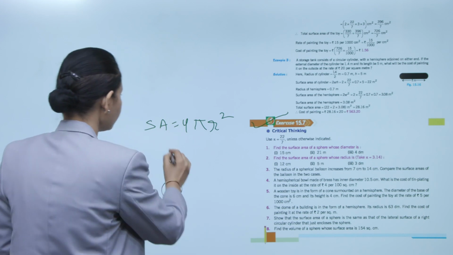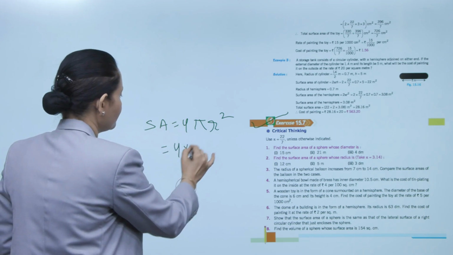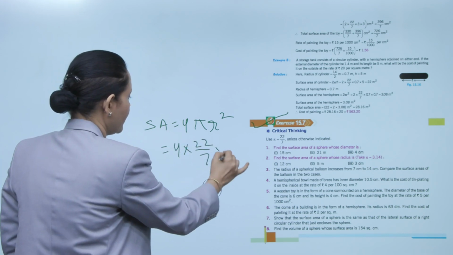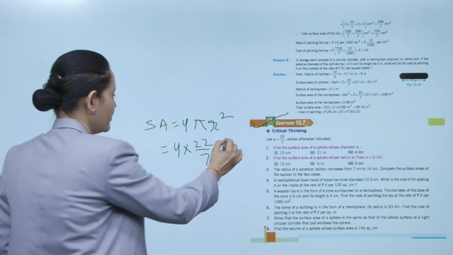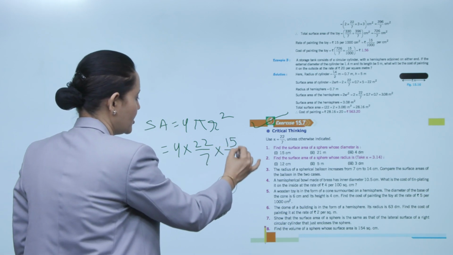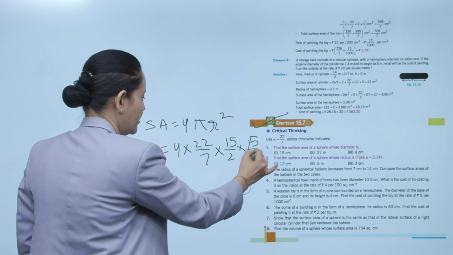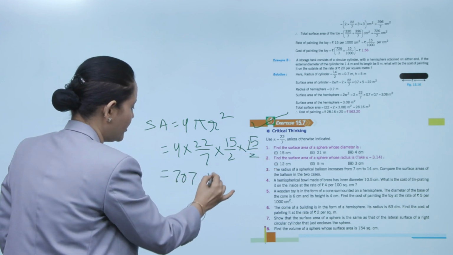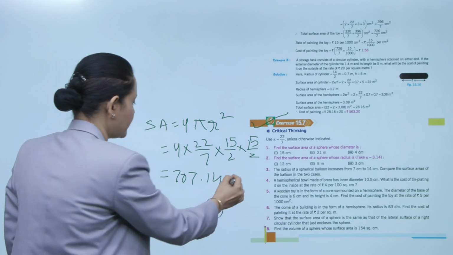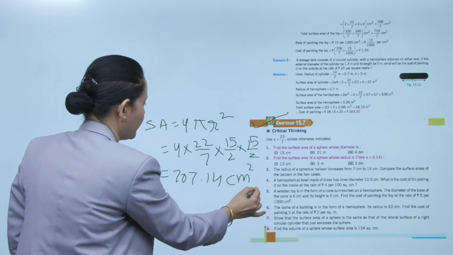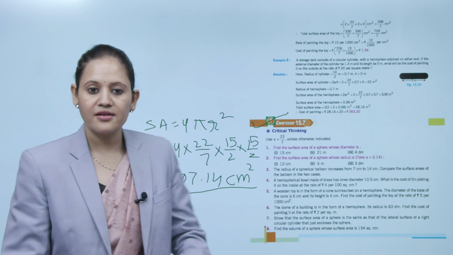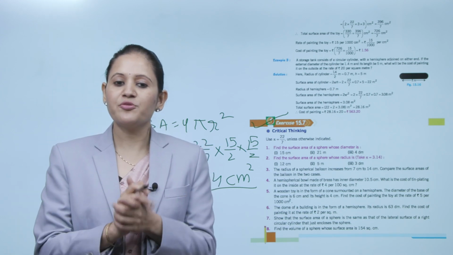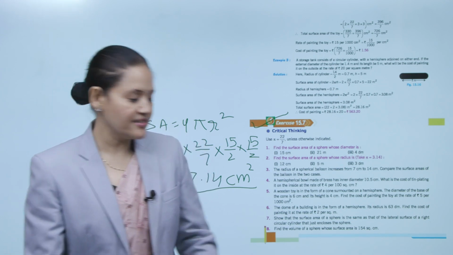Clear? 4 into 22/7, R is given 15/2 into 15/2, that equals 707.14 centimeter square. Clear? So you have to practice all the questions of this exercise.